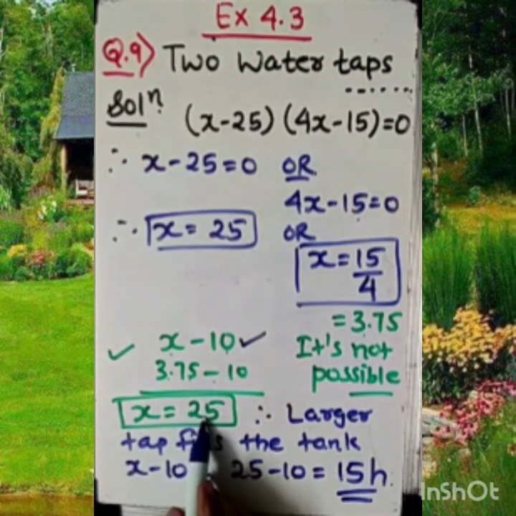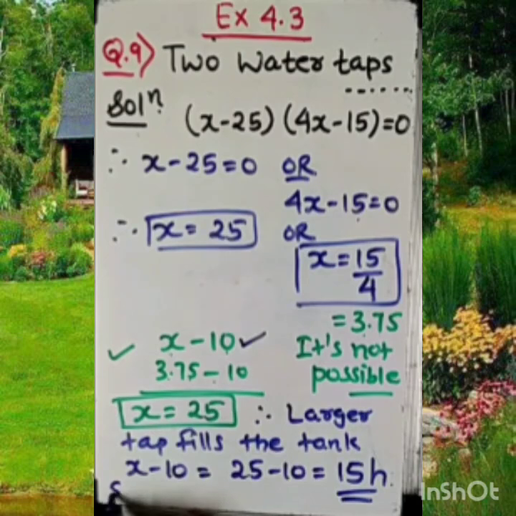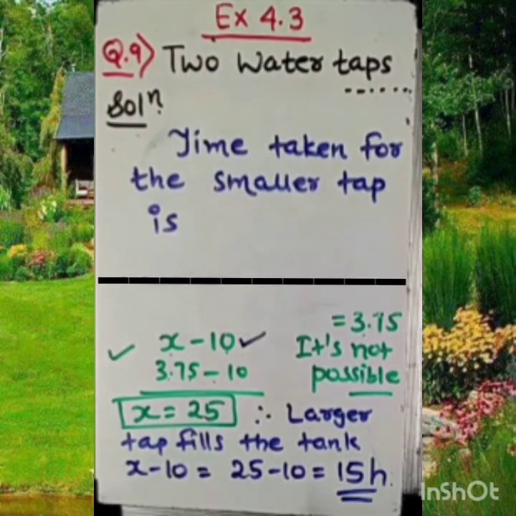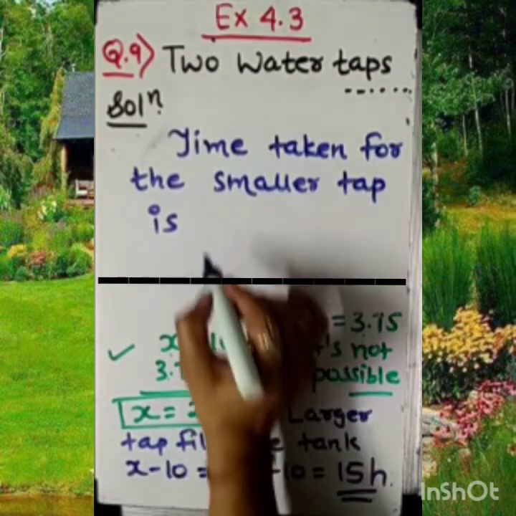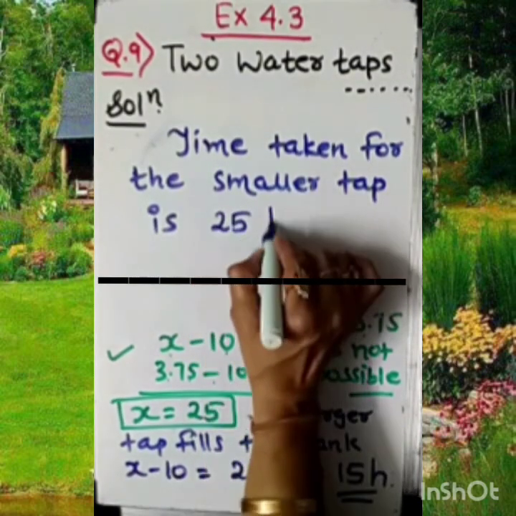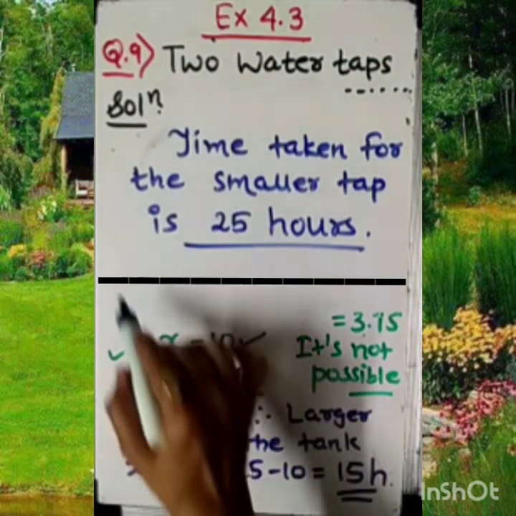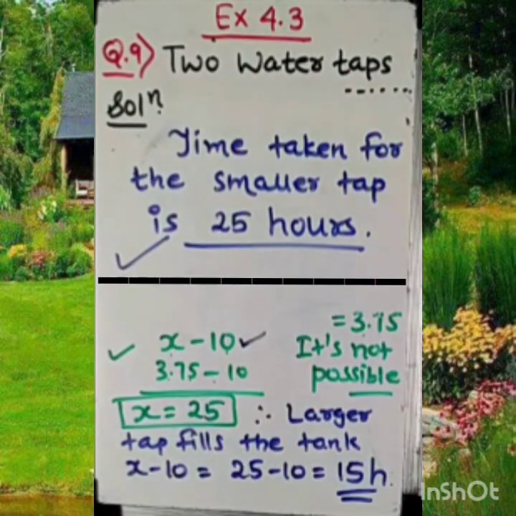And 25 hours is for the smaller tap. I am mentioning here time taken for the smaller tap is x equal to 25, so it is 25 hours. So this is the time taken for the smaller tap, and this one, 15 hours, is the time taken for the larger tap. This is the solution complete over here.